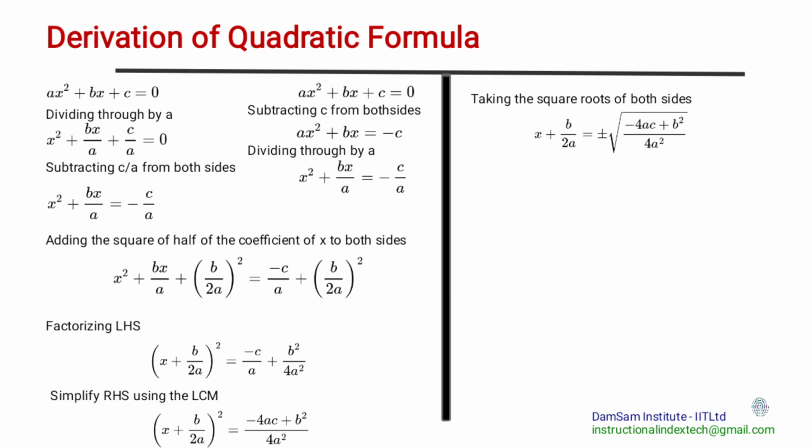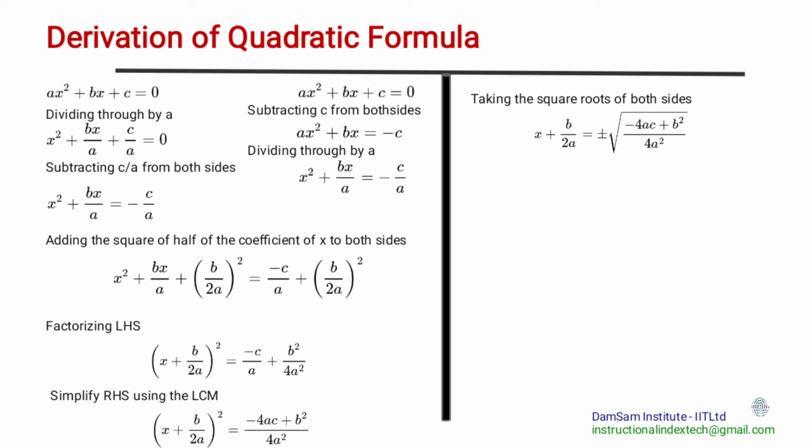The plus or minus is there because plus 3 times plus 3 is plus 9, and minus 3 times minus 3 is also plus 9, so it indicates the two signs and possible results when taking the square root.